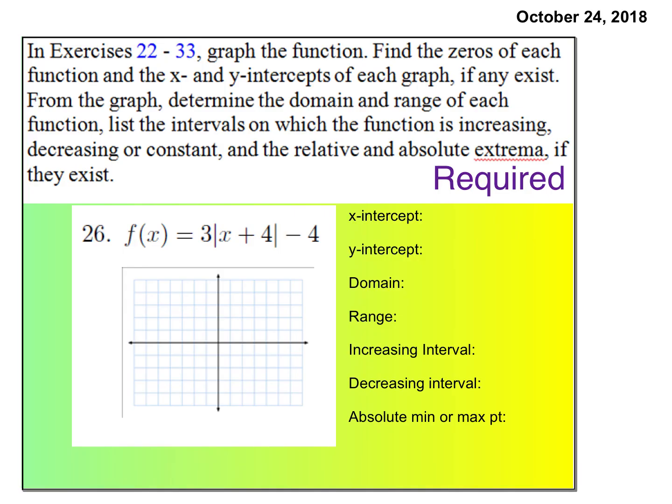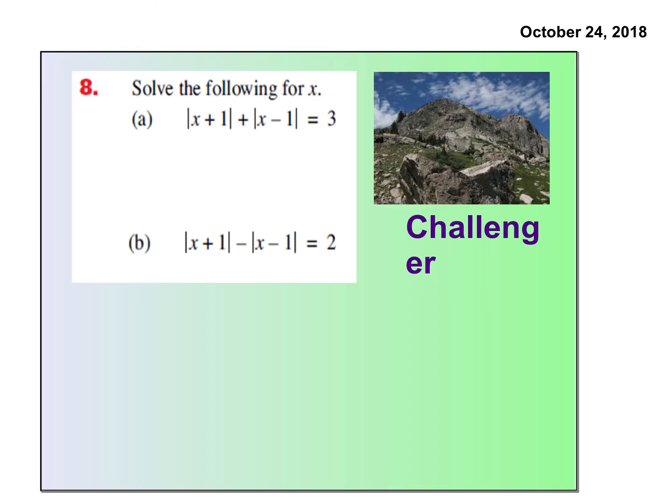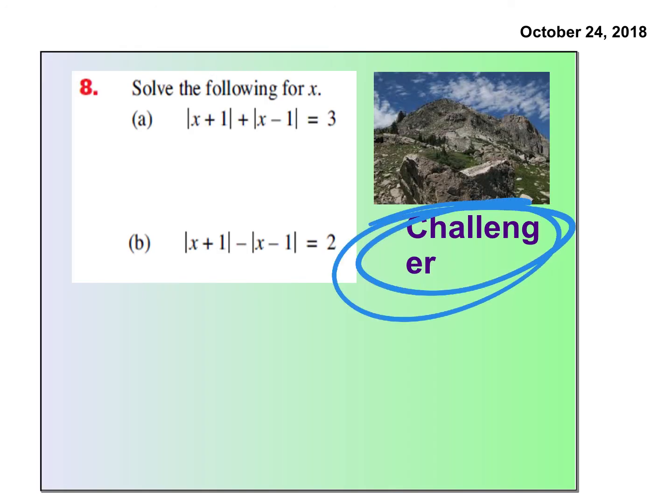This is basically the same exact thing. And this is the challenger. Now instead of equaling 0, it just equals 3. Oh, yuck. But could I graph this and make it into x plus 1 equals negative of x minus 1, plus 3?